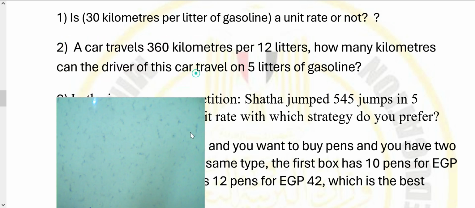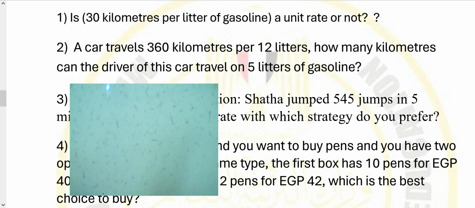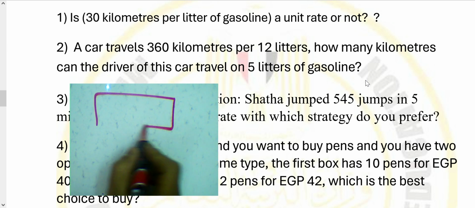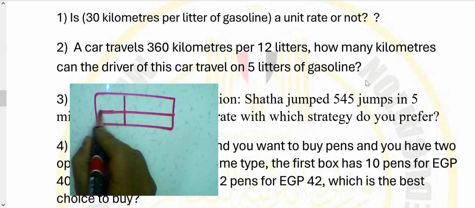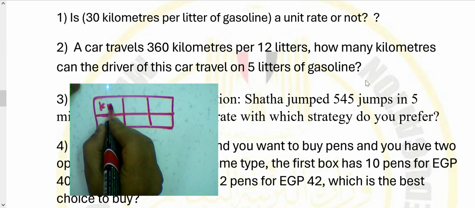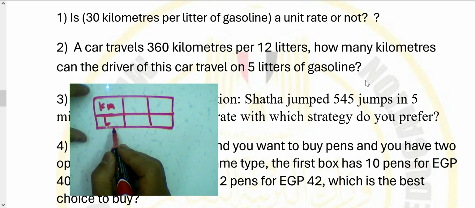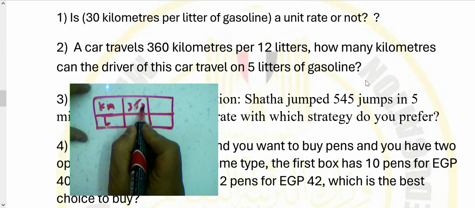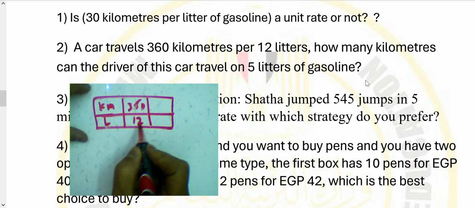Next question. Number 2, a car travels 360 kilometers per 12 liters. How many kilometers can the driver of the car travel on 5 liters of gallon? We can draw a table and write the proportion, comparing the number of kilometers and the number of liters. This car travels 360 kilometers per 12 liters.